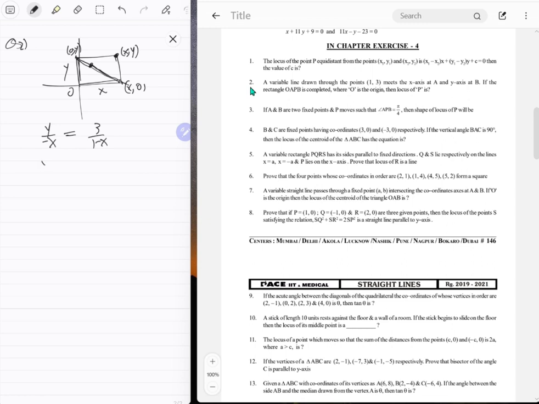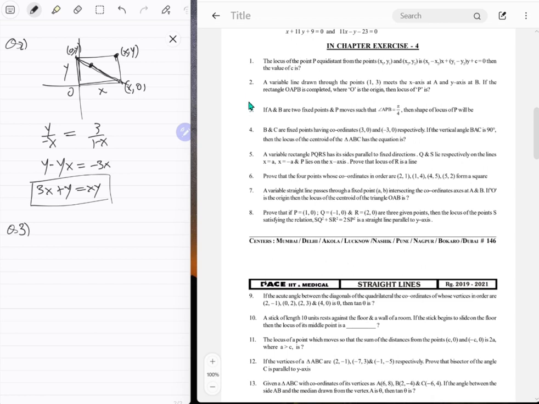Okay, and that means y minus yx equals negative 3x. In other words, 3x plus y equals xy. That is our locus. So it's like a hyperbola, I think. Okay, fine. Why is this a hyperbola of all things? Not sure why.